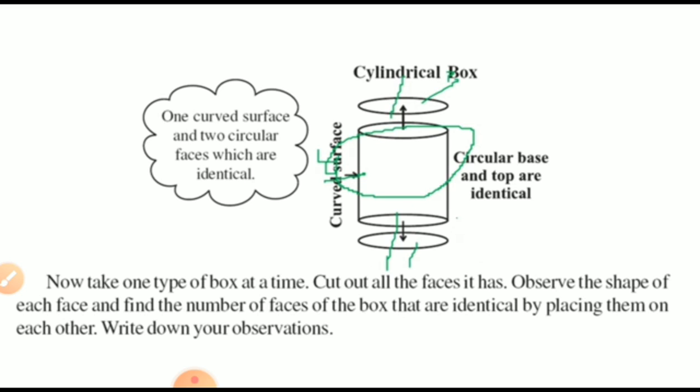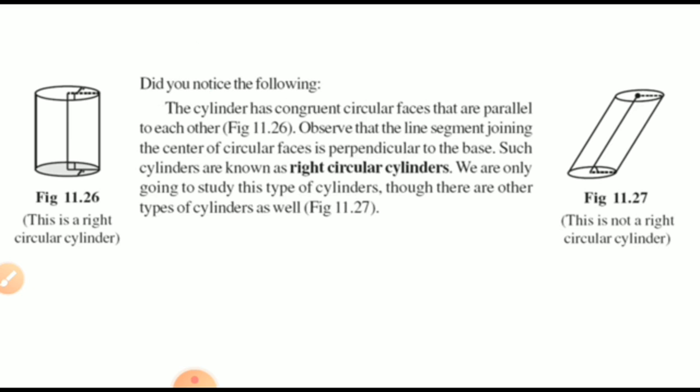Yes. Now take each type of box, cut out the faces it has, observe the shape of each face and find the numbers. Now look here at 11.26 and 11.26. This is a right circular cylinder, and this is not a right circular cylinder. Right circular means the straight line should make a right angle.